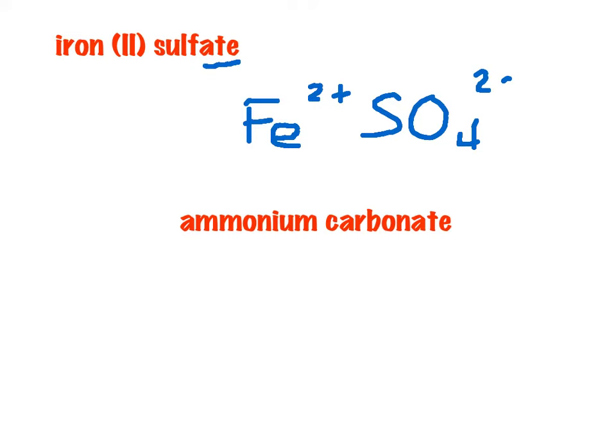So remember, when you write the formula, those charges get canceled out because you need to show your ions in their lowest possible combining ratio. So I'm going to get rid of those 2 2's, and my formula is FeSO4. Okay, FeSO4. The next one, ammonium carbonate.